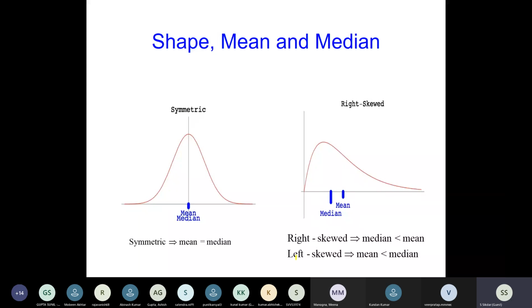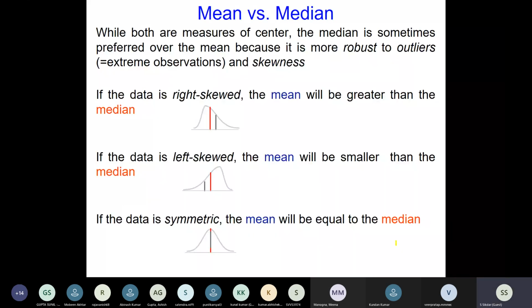And in left skewed, where the tail portion is on the left side, most of the data fall on the right side. In that case, the mean is less than the median value. Now I move to the next, same thing. Other day I showed that if data is right skewed, mean will be greater than median; if data is left skewed, mean will be smaller; and in the symmetric case, mean will be the same as median.